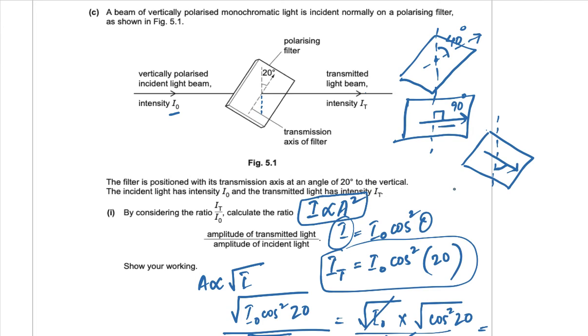So it should be positioned just like that of a mirror image, where this is the transmission axis, this is the vertical part, and your angle between the transmission axis and the vertical part will again be 20 degrees.